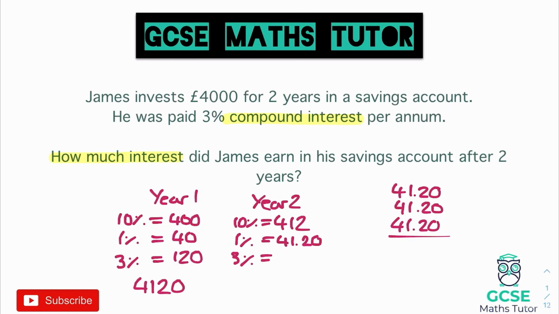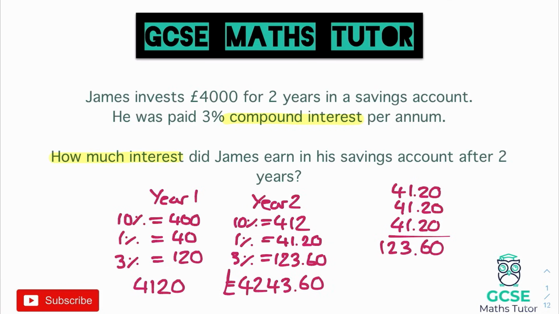So if we add those all together, we get £123.60, and if we add that onto our 4,120, we get £4,243.60.